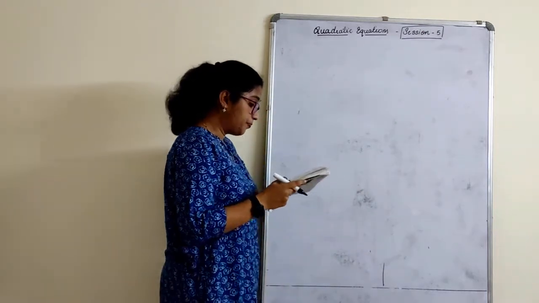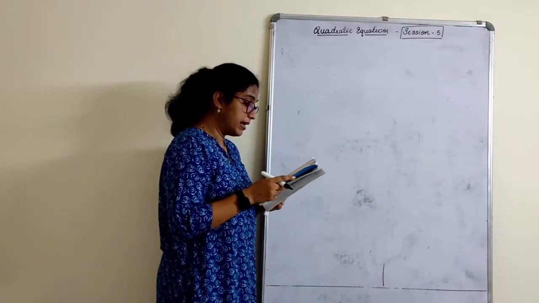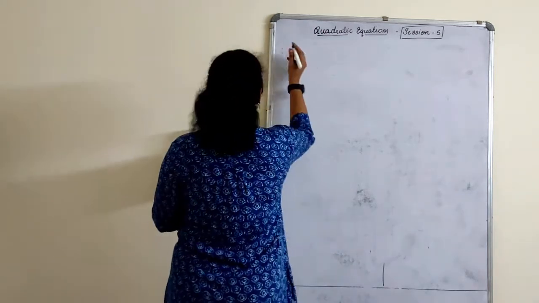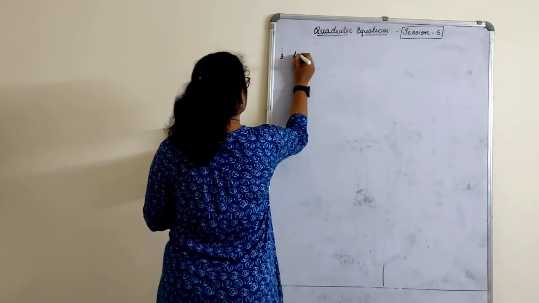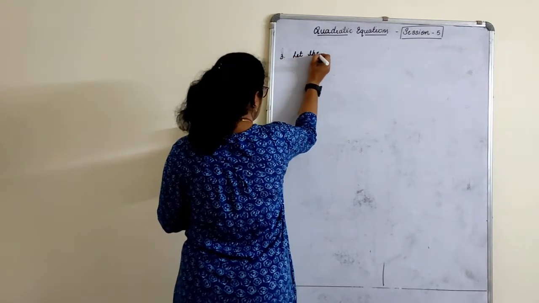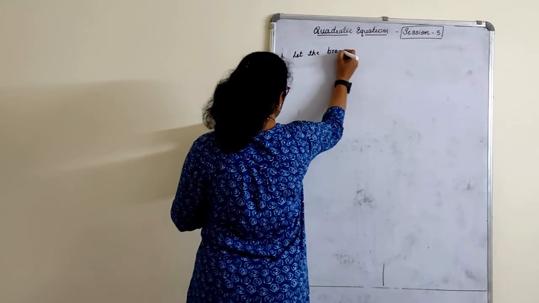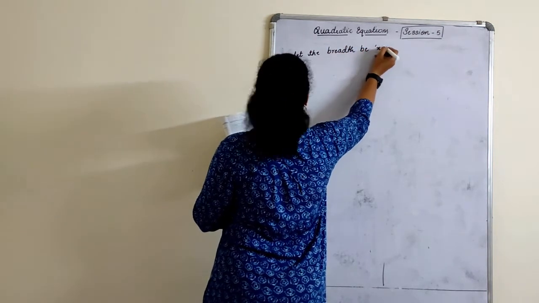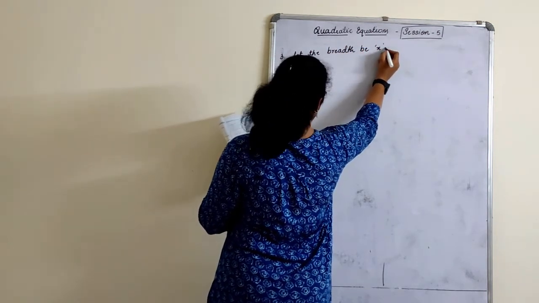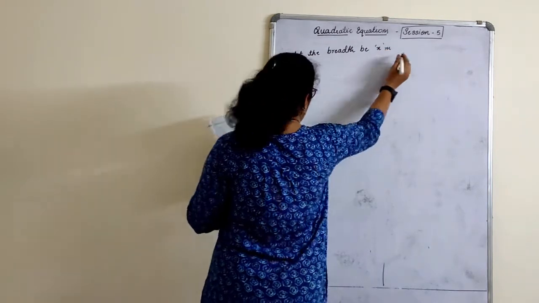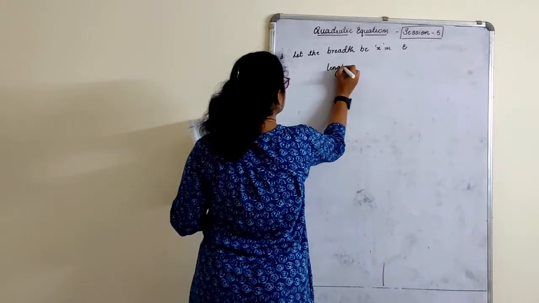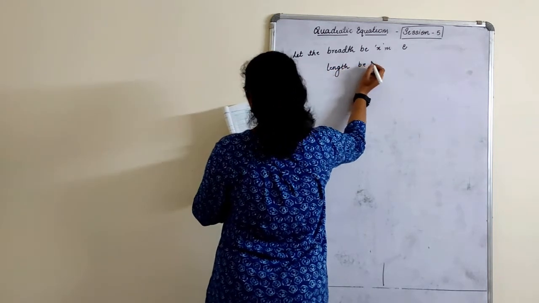Is it possible to design a rectangular mango grove whose length is twice its breadth and area is 800 meters square? So I will give here: let the breadth be x meter, and the length be, according to them, what is it?